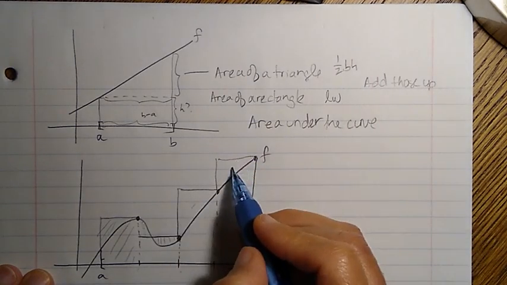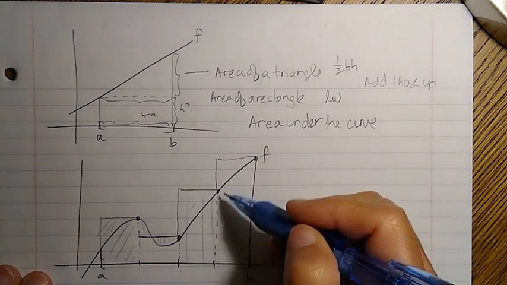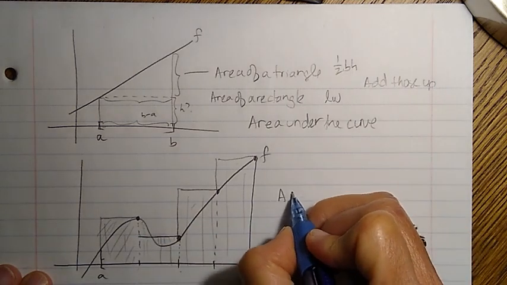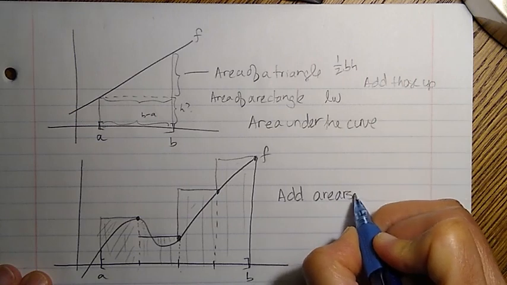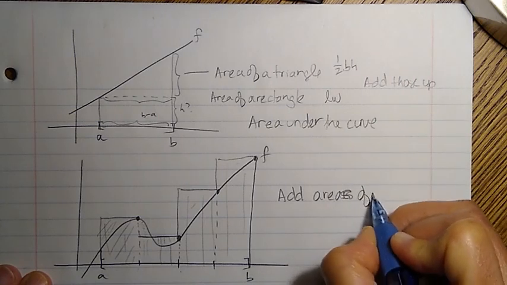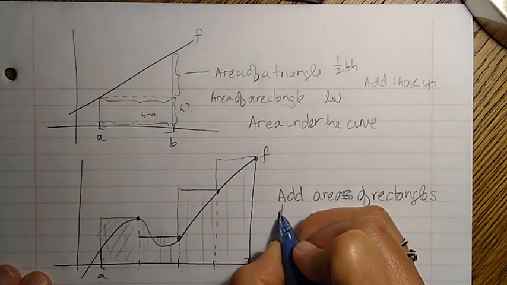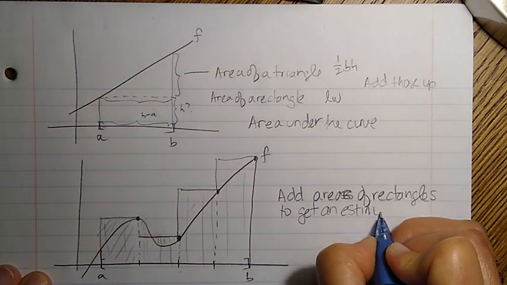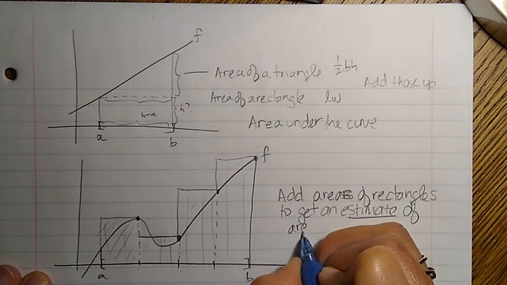I'm counting too much, so in general, I think this one's going to be an overestimate, but if I add up the areas of the rectangles, I get an estimate, or an approximation of the area under the curve.